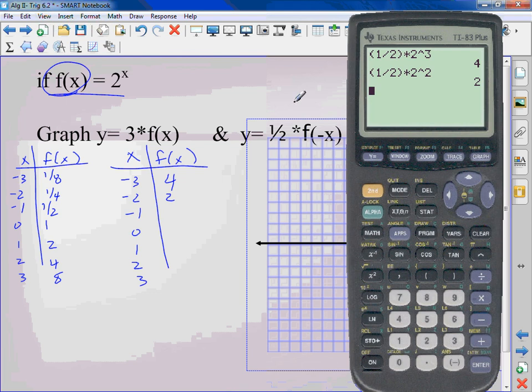That was just because it was f of negative x. If this was f of x, it would just be the -3, -2, -1.